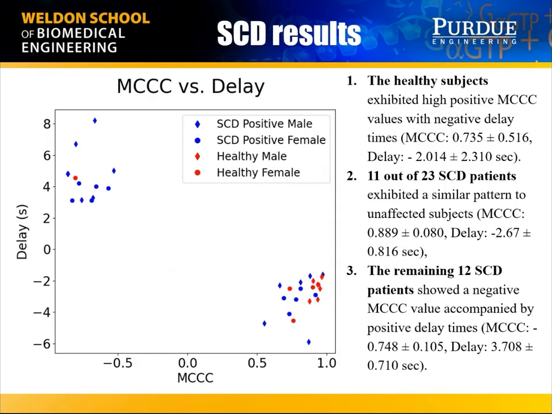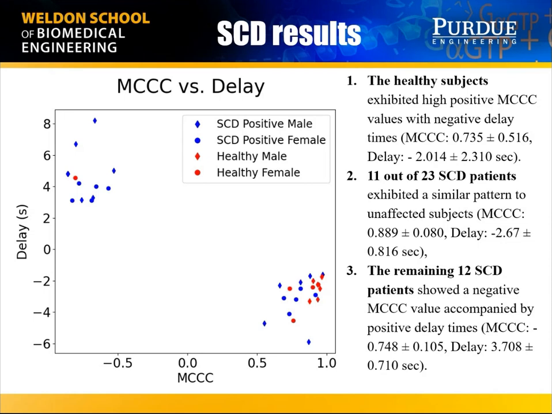So this is the result from all the subjects I mentioned. Here on the left, I plotted every individual subject, healthy subjects and sickle cell subjects. I plot their maximum cross correlation value corresponding to their delays, right? On the lower right corner is where you find most of the healthy subjects.